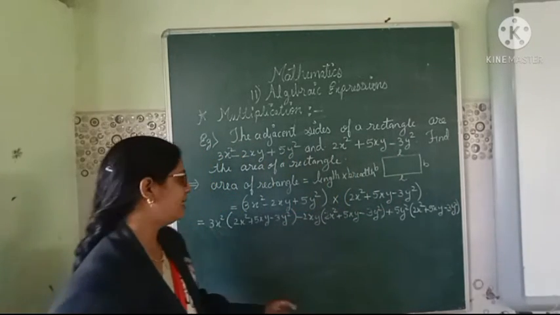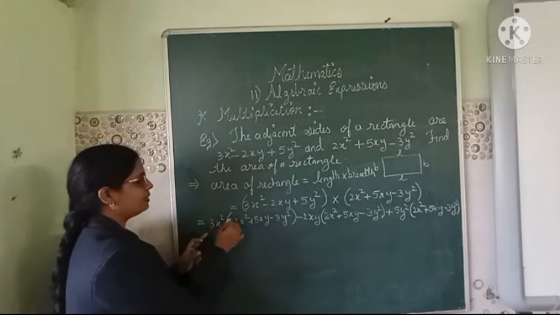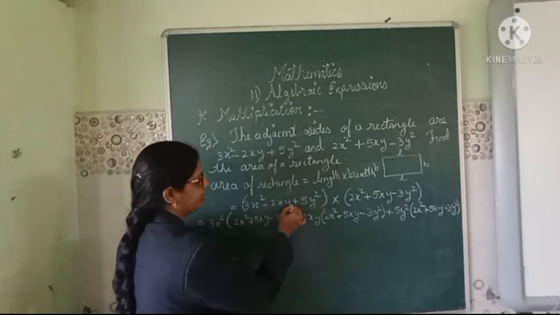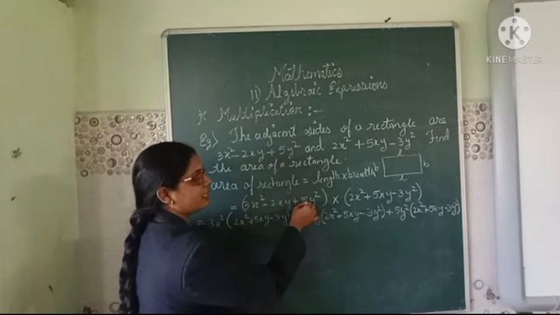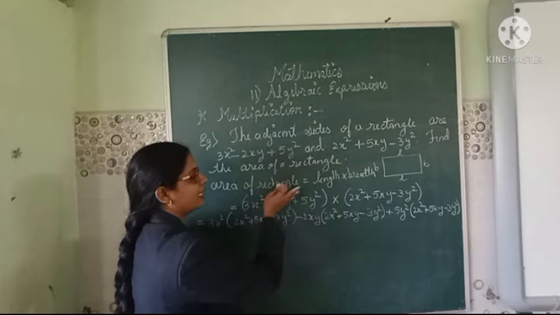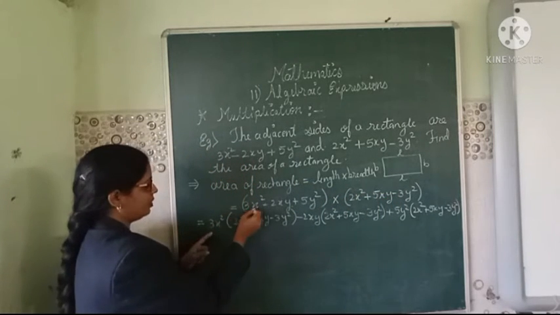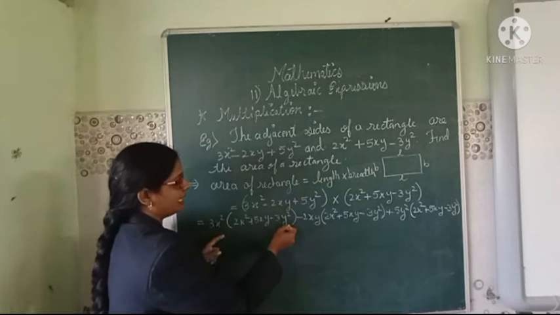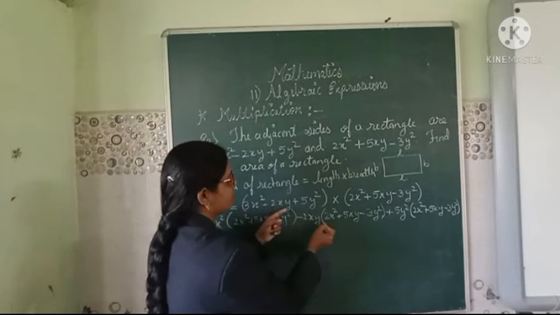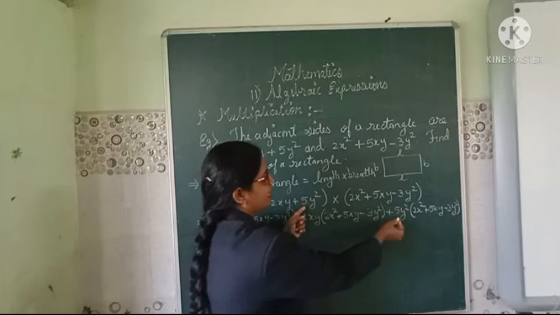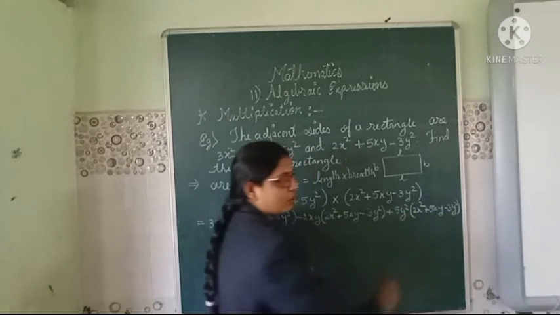Like that, I have just split all the algebraic expressions present in this term, separated them and multiplied to each one. You can see here 3x square is multiplied to the whole bracket, then negative 2xy is multiplied to the whole bracket, then 5y square is multiplied to the whole bracket.